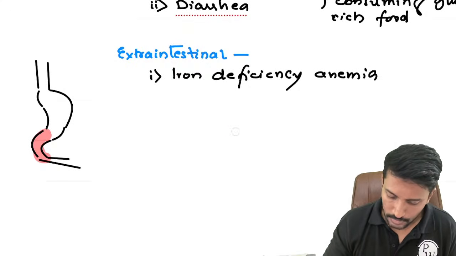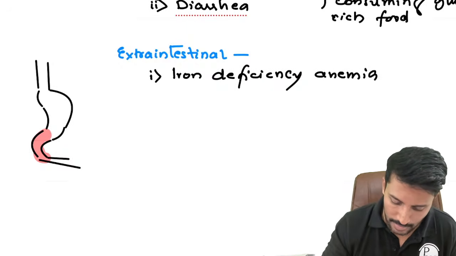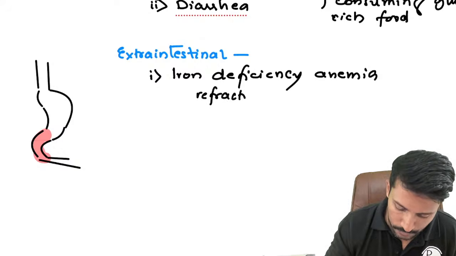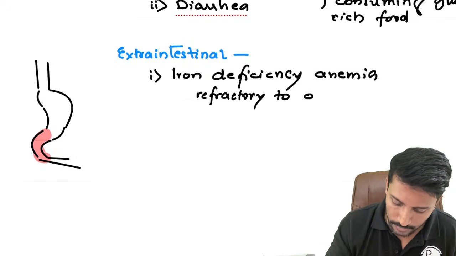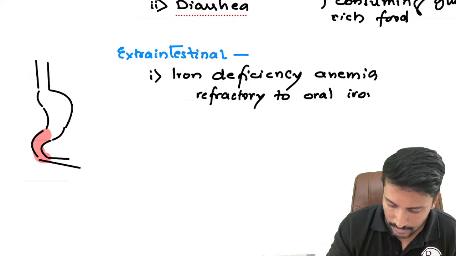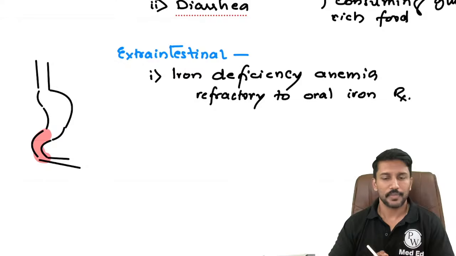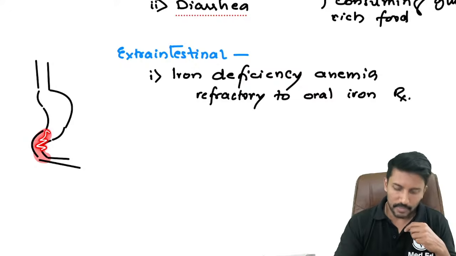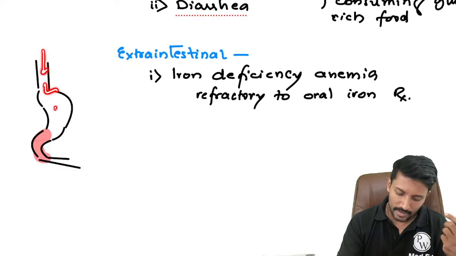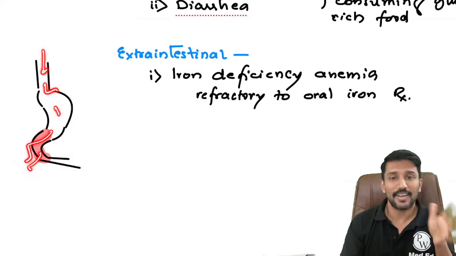Iron deficiency anemia, refractory to oral iron treatment. What do I mean by that? If your duodenum is affected, no matter how much oral iron I take, I will still not be able to absorb it.